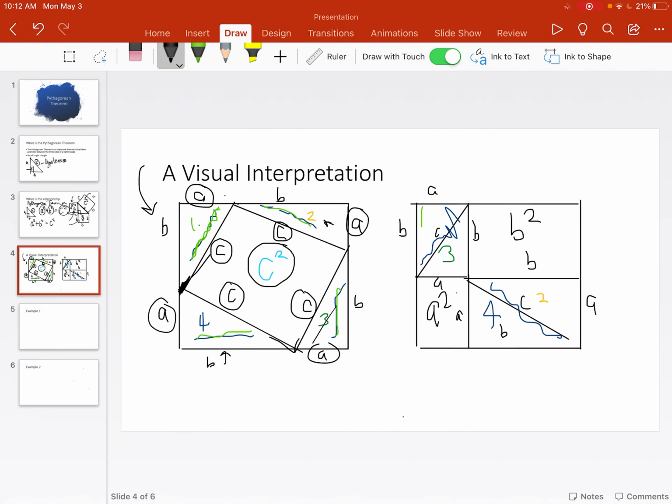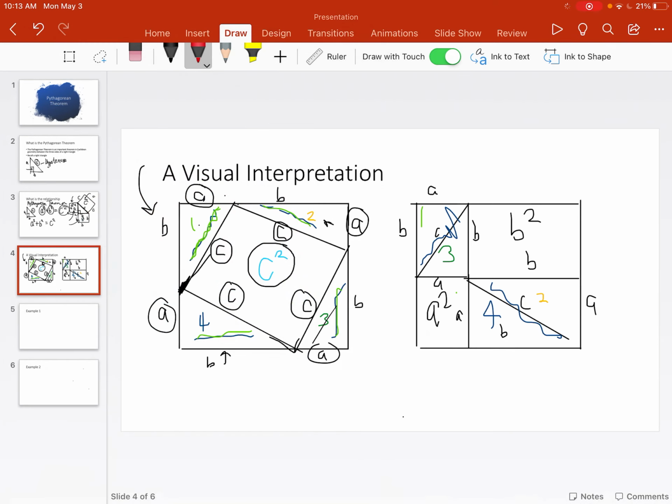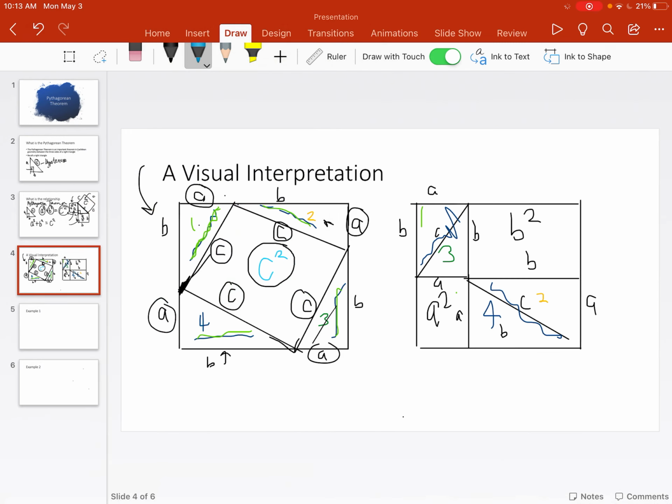Okay, now I want you to imagine in your head an animation. And this animation is going to take us from this first diagram to the second diagram. Okay, so let's start it. I'm going to use blue.